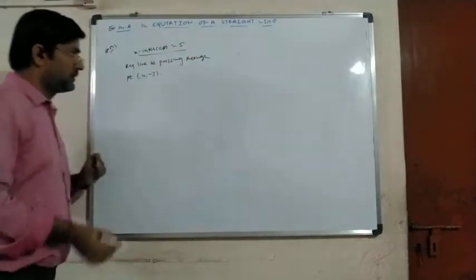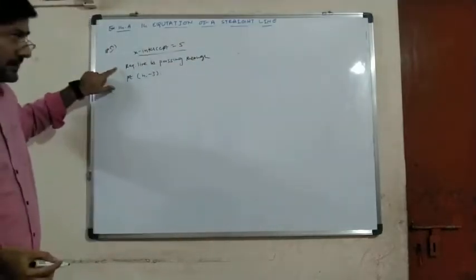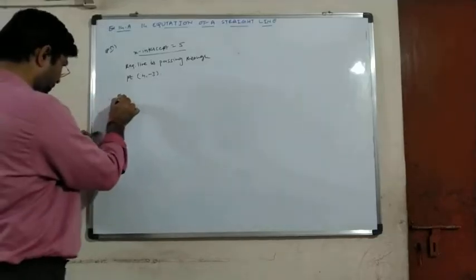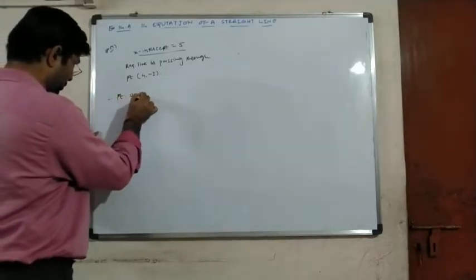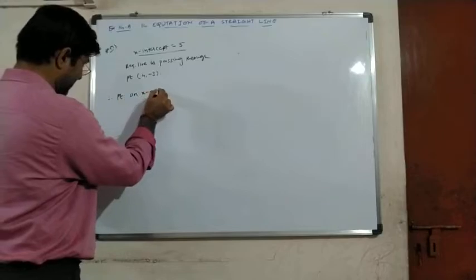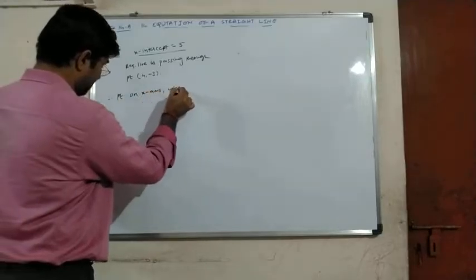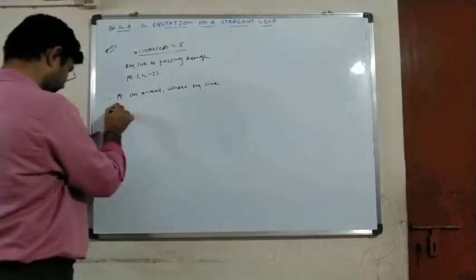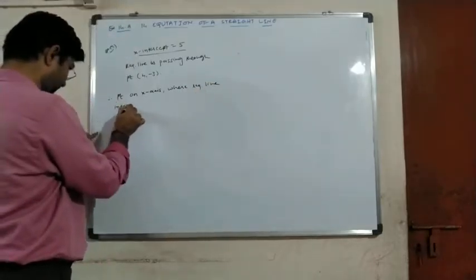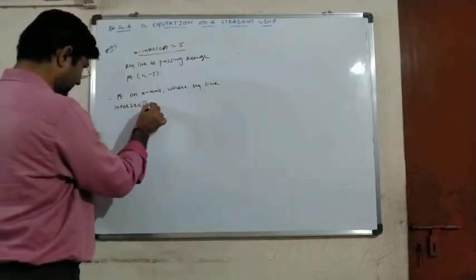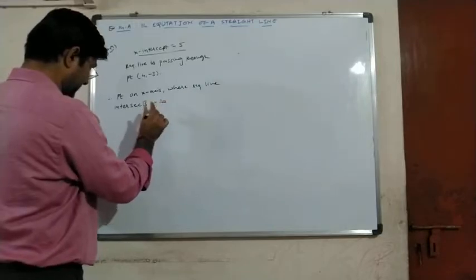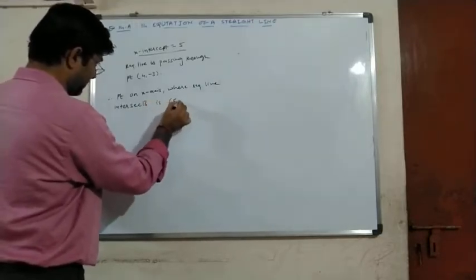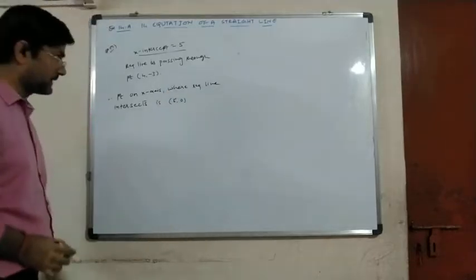It means the point where the required line intersects the x-axis will be (5, 0).